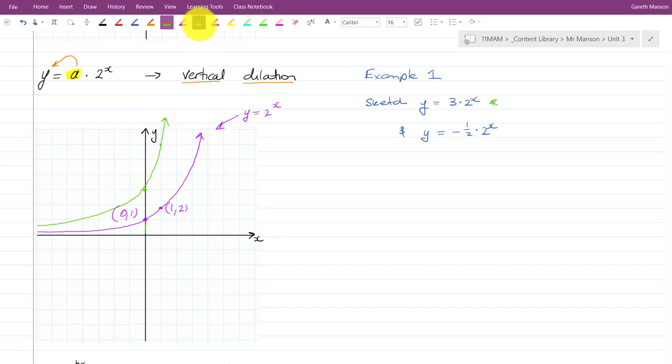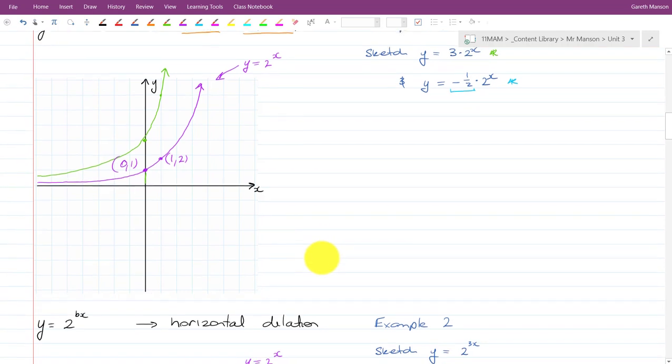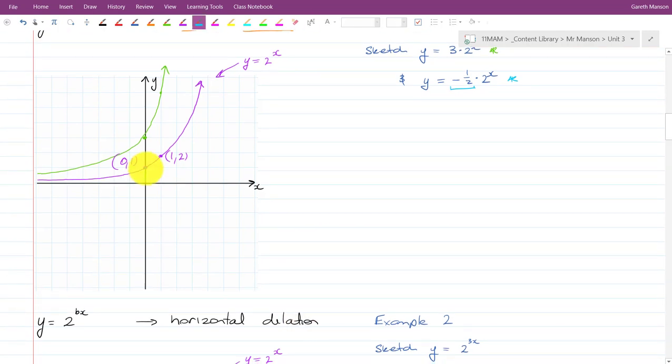And I'll do the second one in light blue. So that's y equals -1/2 times 2 to the power of x. Now this negative flips the function over the x-axis. It takes every result, or y value, and it makes it negative. So that means that every single term we had before, let's say this one here, will now be there. Except we've also got a stretch of 1/2.